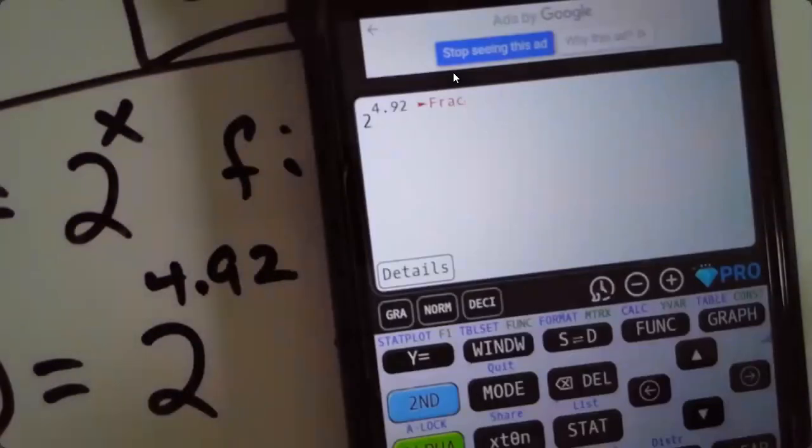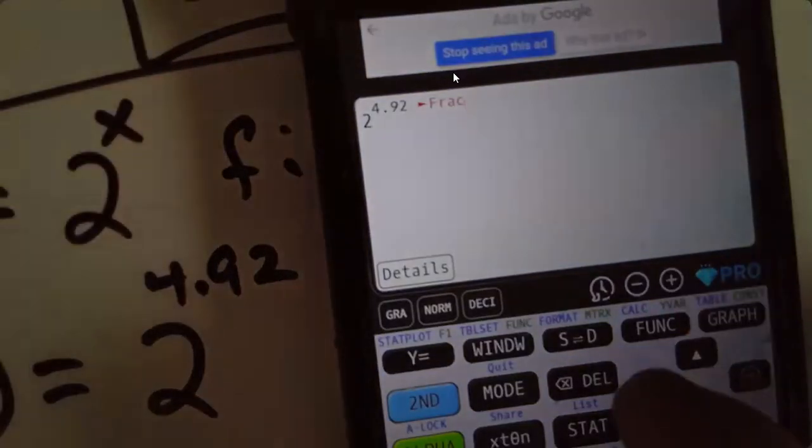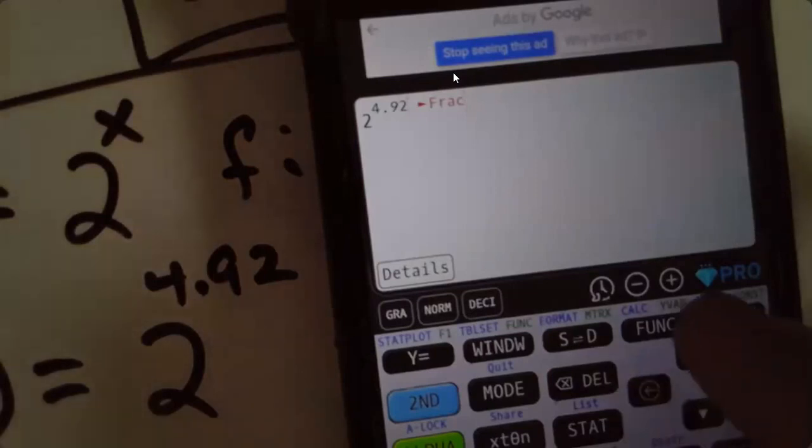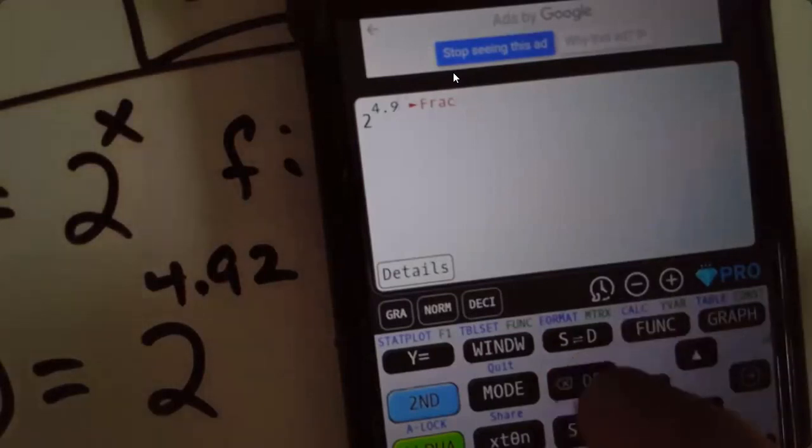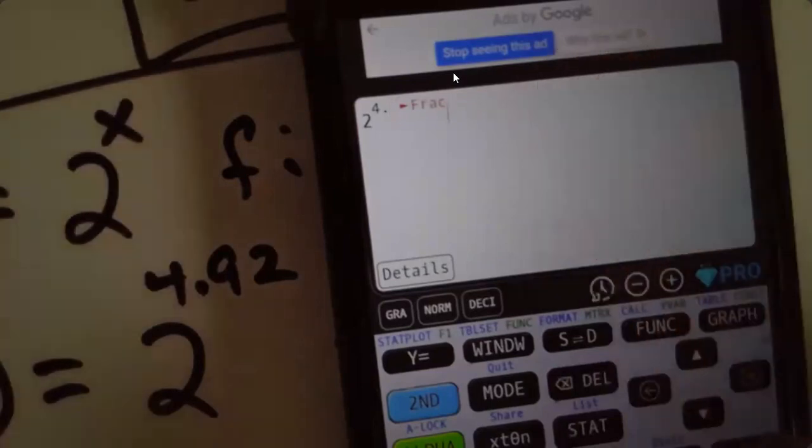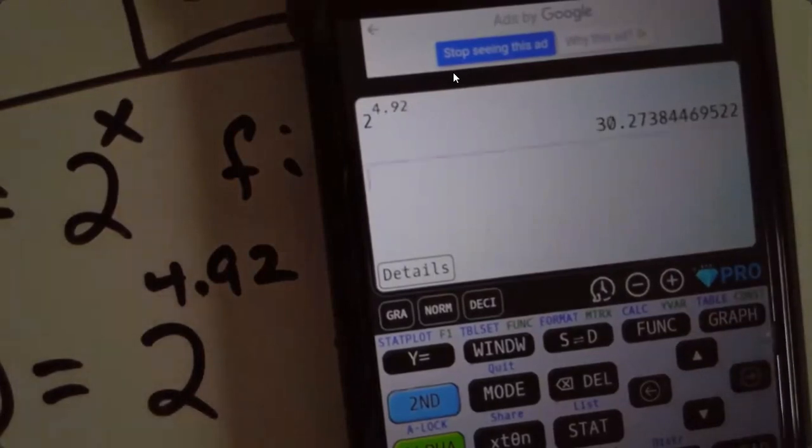Let's start over. 2 exponent 4.92, and then hit the right arrow. All right, enter.